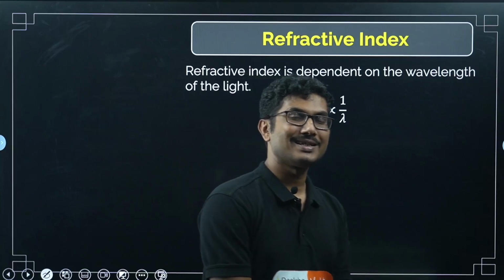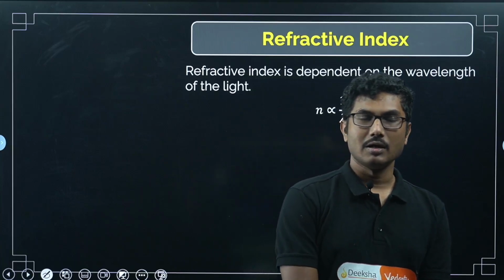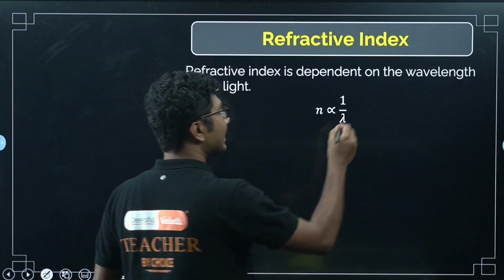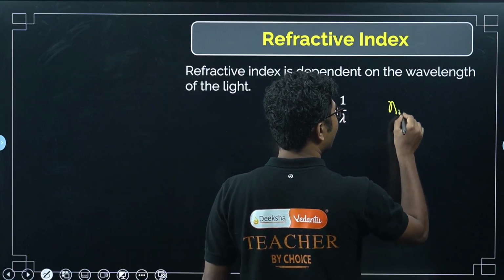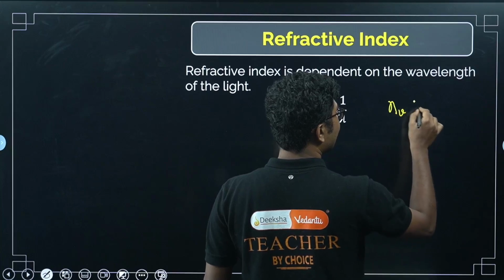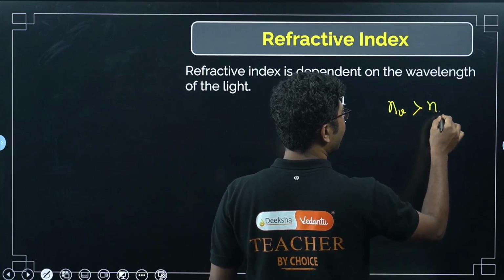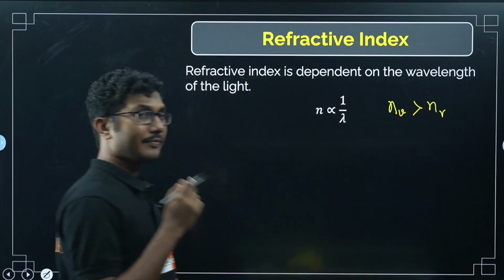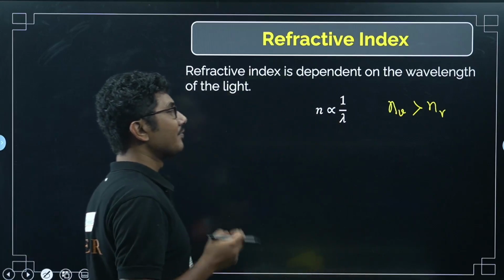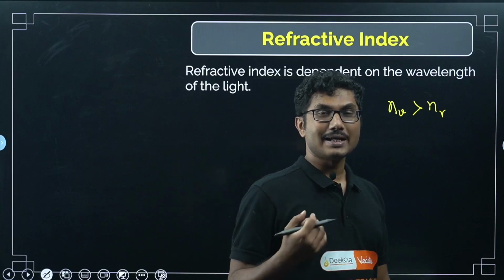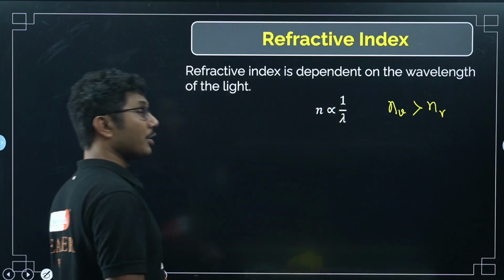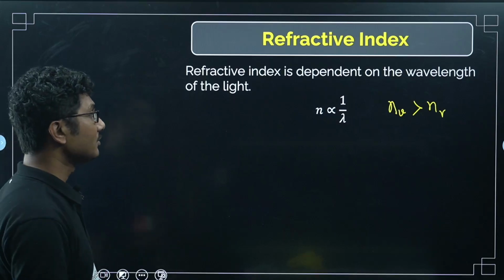Violet light has the lowest wavelength, so we can say that the refractive index of violet is greater than the refractive index of red, because red has a higher wavelength. That means its refractive index will be less.